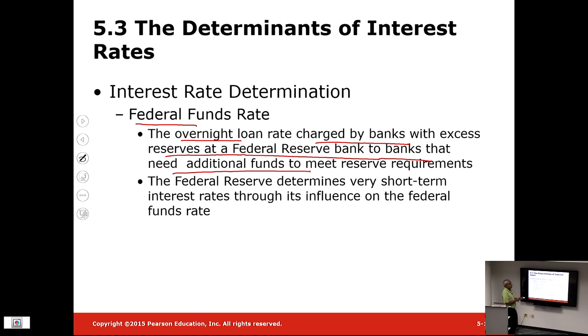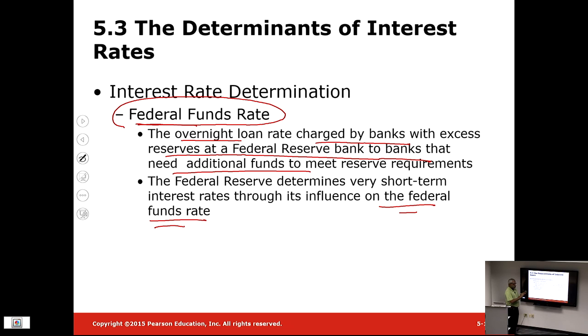That exchange of loan overnight is done at what is called the federal funds rate. And the Federal Reserve determines this rate. And it determines this to influence the overnight borrowing between banks. And thus the federal funds rate becomes the benchmark rate against which every other interest rate is benchmarked, because it is the least risky type of borrowing that institutions engage in.